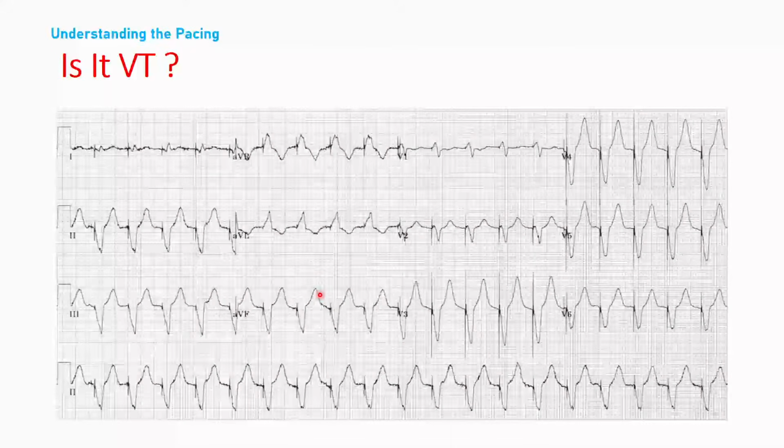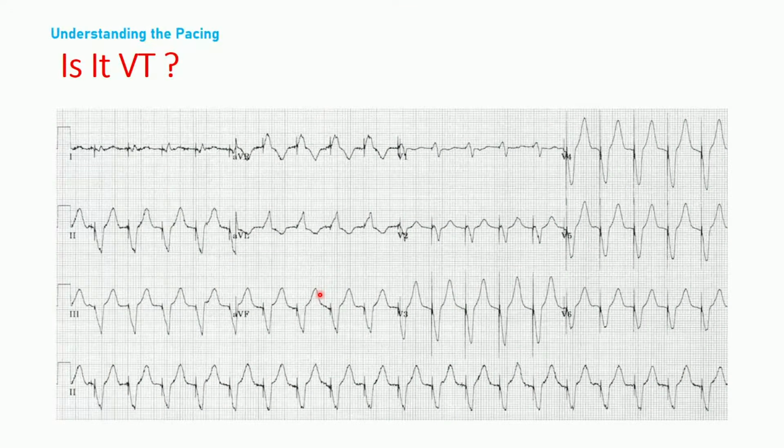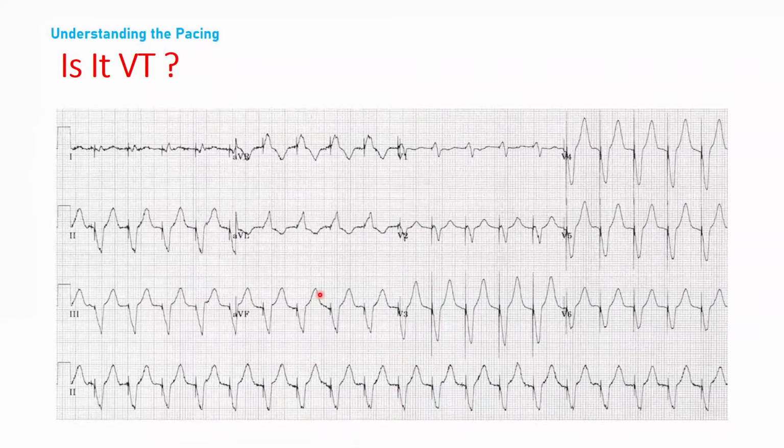And again, here you see why I called it, is it a VT? Because you cannot see AV synchrony. There is no AV synchrony here whenever there is a PMT. This is VA conduction. The atrial channel has abnormally sensed after the QRS, right? So if you do an echo for this patient, you definitely cannot see the AV synchrony.